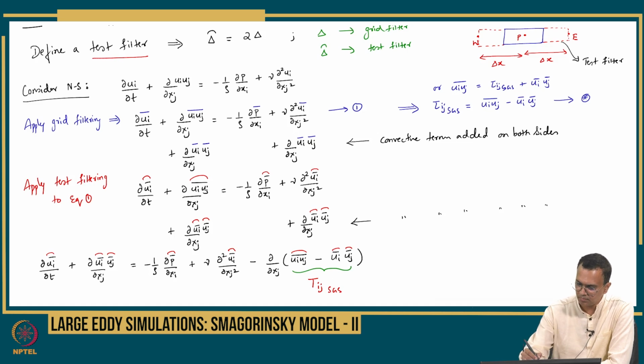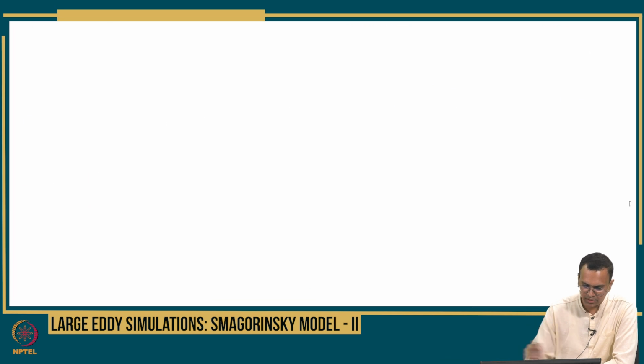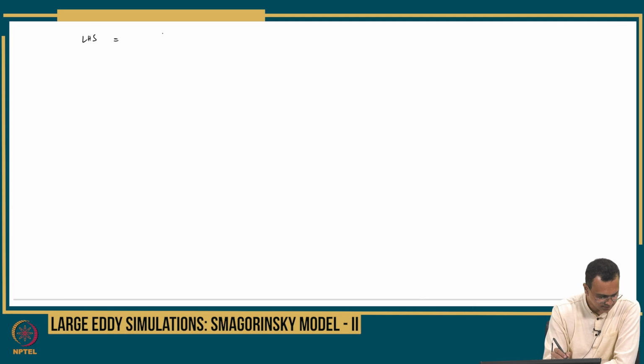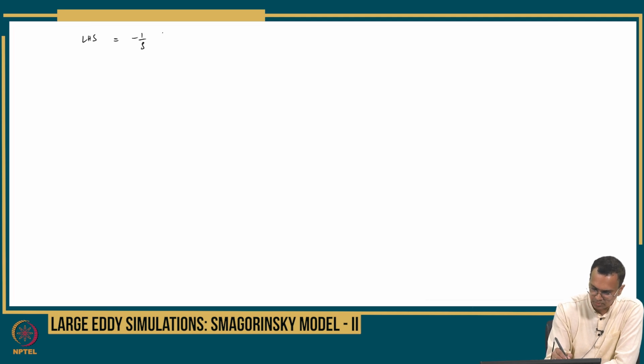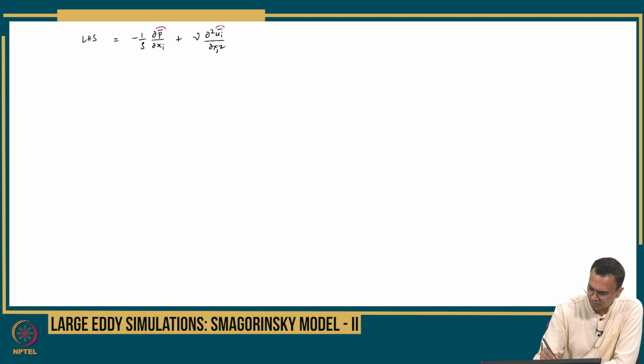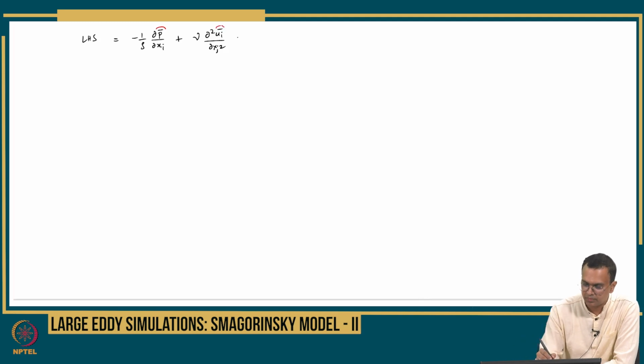Okay, so I get essentially, the left hand side terms remain same, equal to the right hand side part, the pressure, minus 1/rho ∂p/∂xi test filtered, the viscous term, and then we are substituting for that tau ij SGS here.